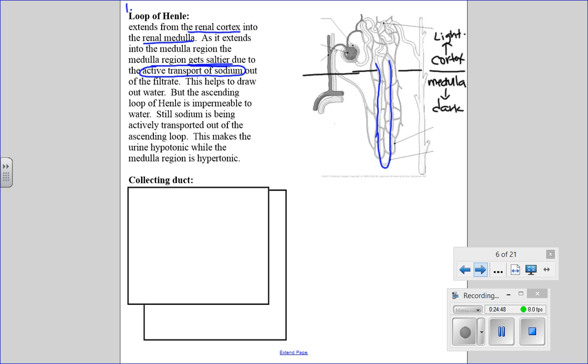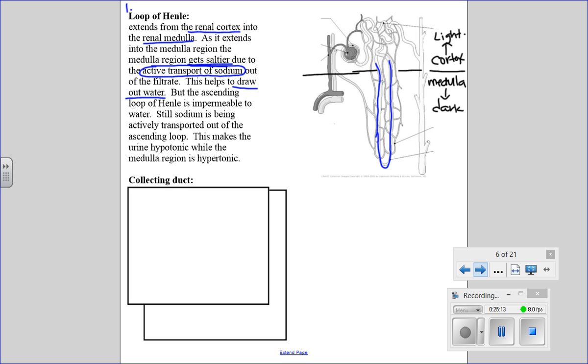The reason that I need to do this is it helps to draw out water. Now you might remember if you took Science 10 recently talking about words like hypertonic and hypotonic. If you took it a while ago, you might be like, what? I've never learned that in my entire life. But one of the ideas that I know you probably heard at some point was that you should not drink salt water.